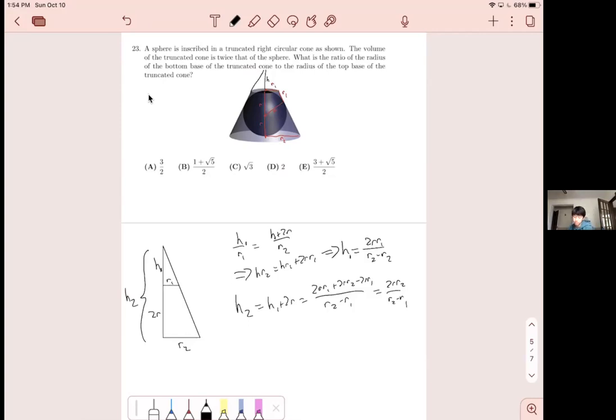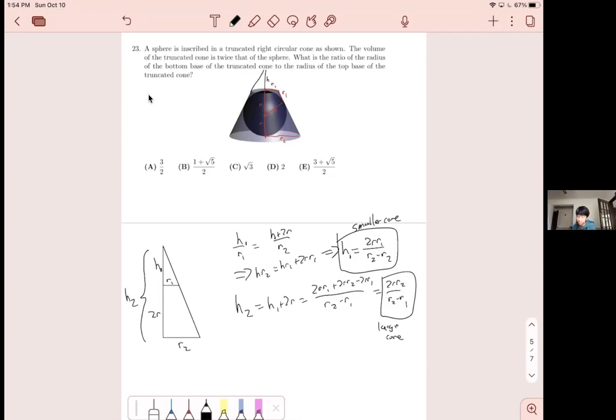And this is a good sanity check. Height 1, the height of the cone that's lopped off of the smaller cone, has this height, and the larger cone has this height.